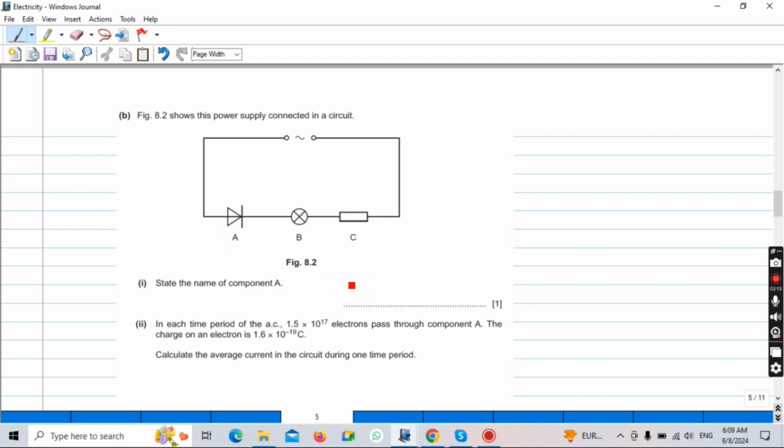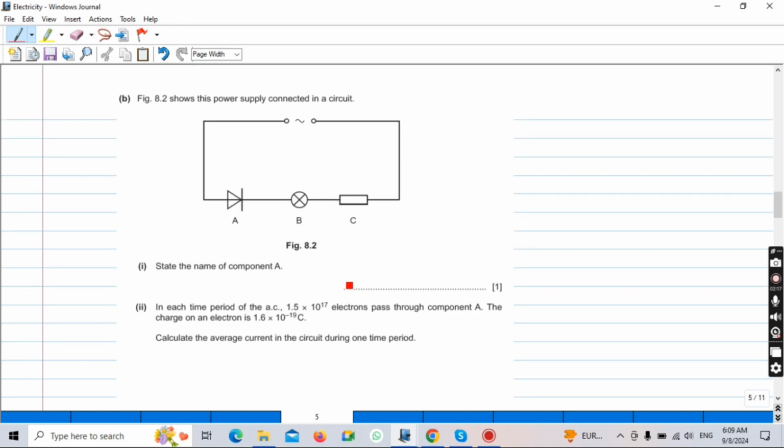And this is a semiconductor diode. So the answer here is a semiconductor diode, or you can just say for short, this is a diode.